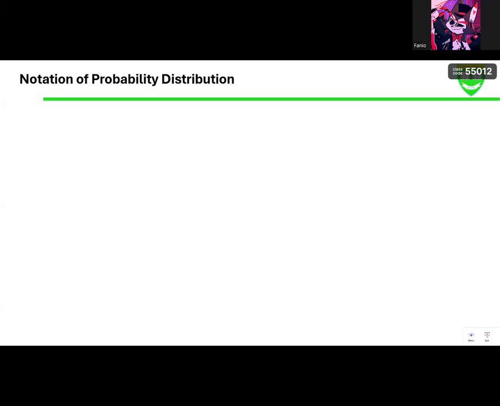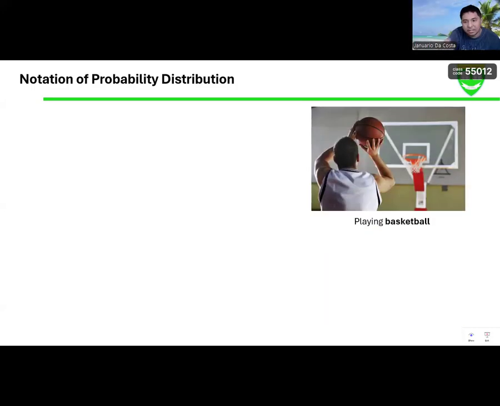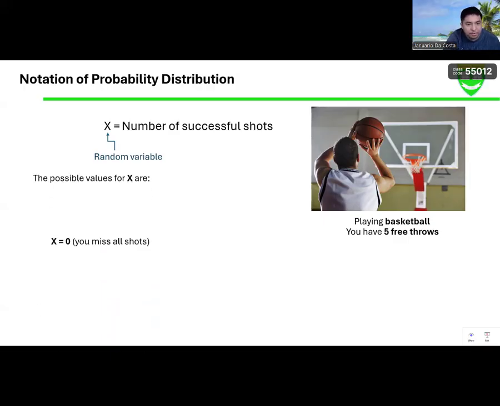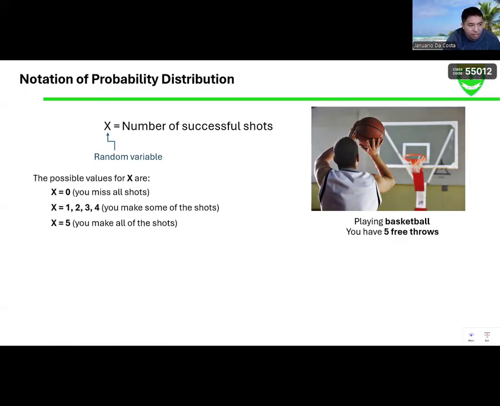Now, how do you write the notation of a probability distribution? Again, let's use the same example of playing basketball. You have 5 free throws, and your random variable is the number of successful shots. Your random variable is this big X. Earlier you already know that the possible values for x are 0, 1, 2, 3, 4, or 5.